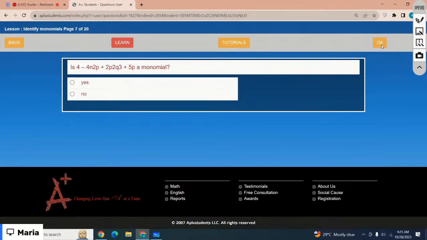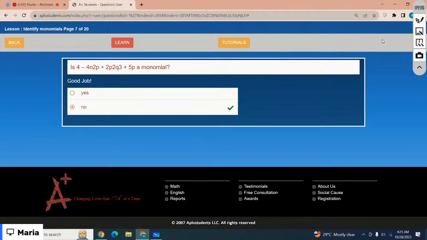Is 4 minus 4n square p plus 2p square q cube plus 5p a monomial? The correct option is no, this is not a monomial. This is a sum of monomials, but not a monomial.